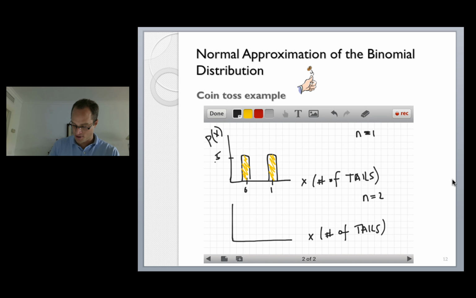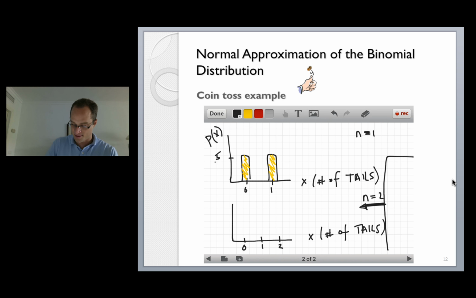But if I flip the coin 2 times, it's possible I get 0 tails. It's possible I get 1, and it's also possible I get 2.